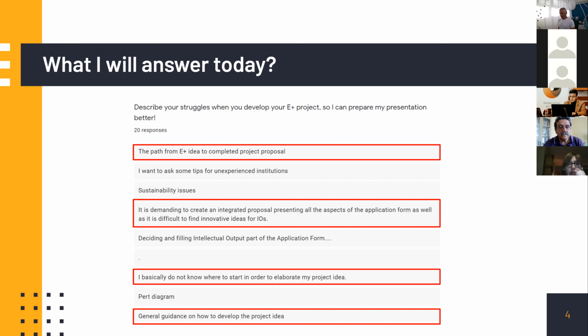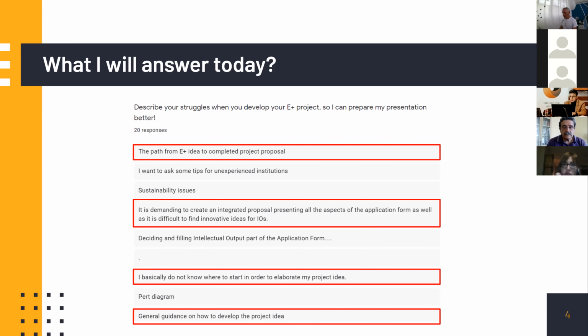So this is 4 different answers to that question, and all of them have problems with the path from idea to the project proposal. So I will start really first 3 steps you need to have to start a European project done.